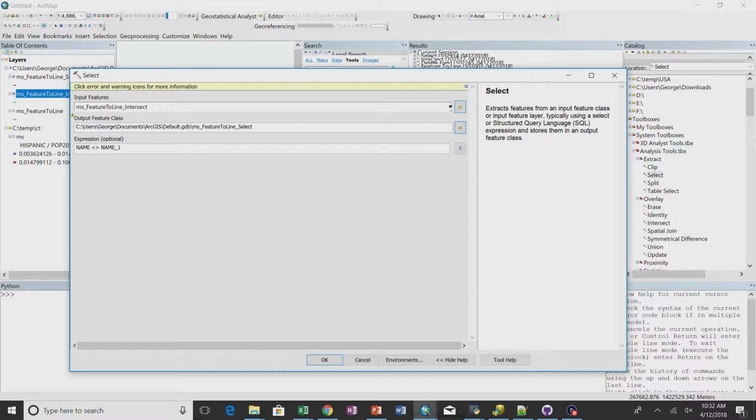Oh, is anything selected? Even in the Connecticut counties? No. So what does the line intersect look like?